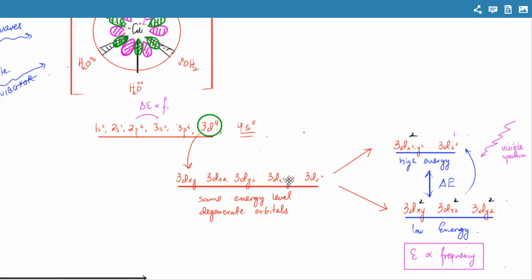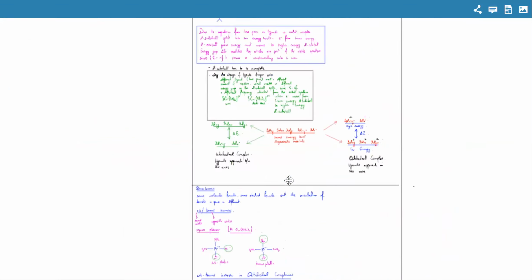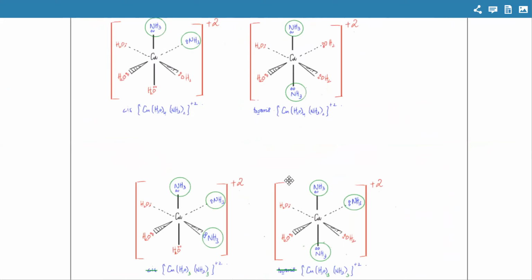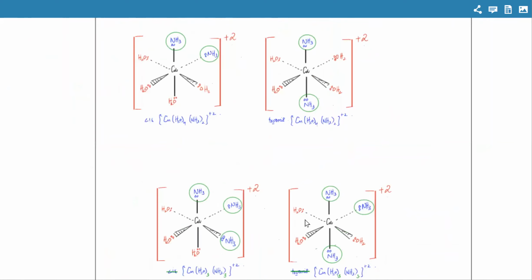And remember there are 2 types of isomerism. There's cis-trans, or geometric isomers, where groups could be together or opposite to each other. You can have that if you have 2 ligands of one type: they would be opposite to each other, or right next to each other.